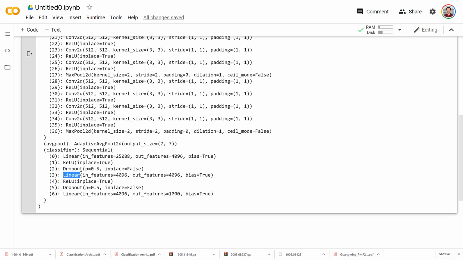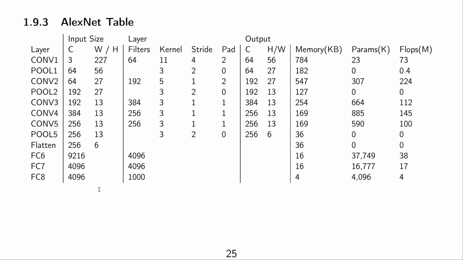Again, we see linear layers here, linear layer here, linear layer here. So we have these 3 linear layers, and we also have this dropout with probability 0.5 and another dropout with probability 0.5.